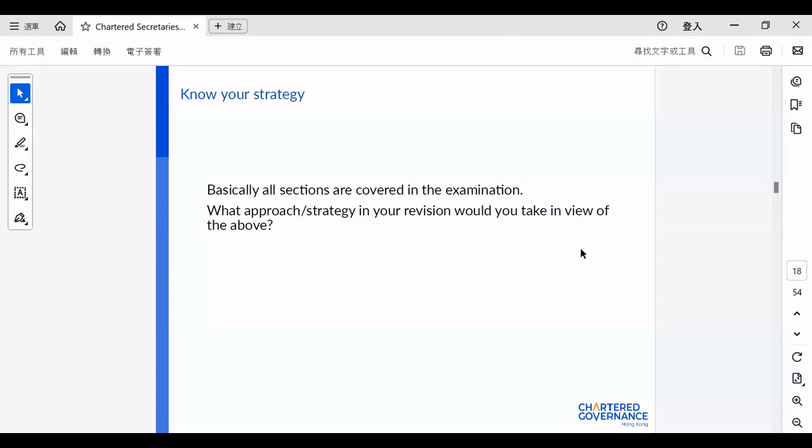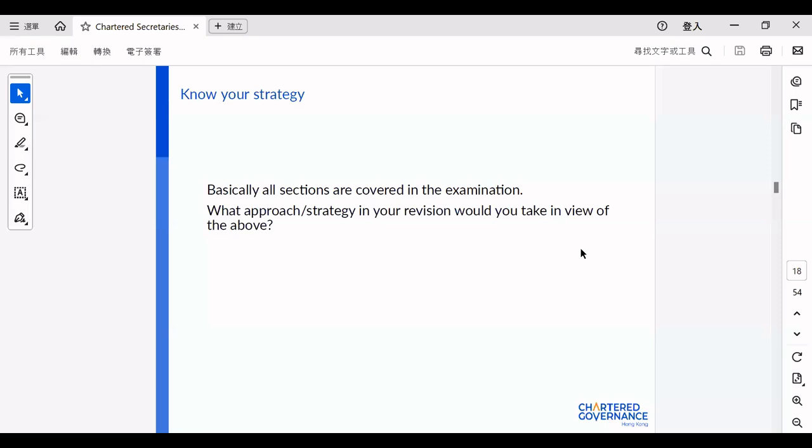A lot of candidates try to spot questions, study some topics by heart and learn them well, and then skip some of the other topics. It's a very risky thing if you miss any of these learning outcomes.